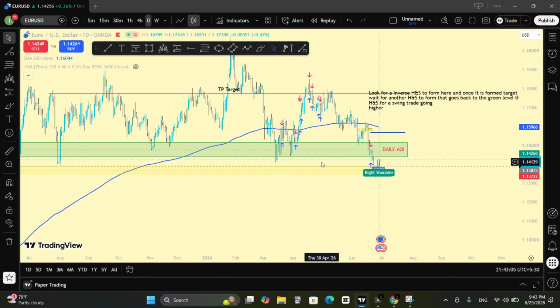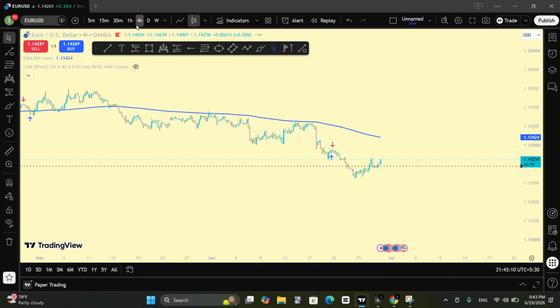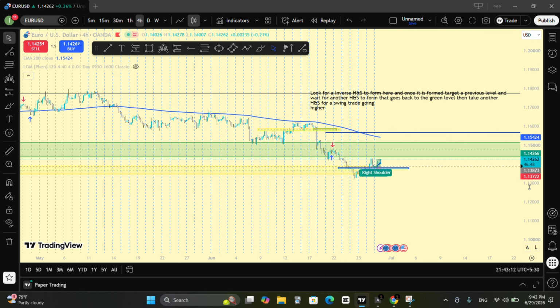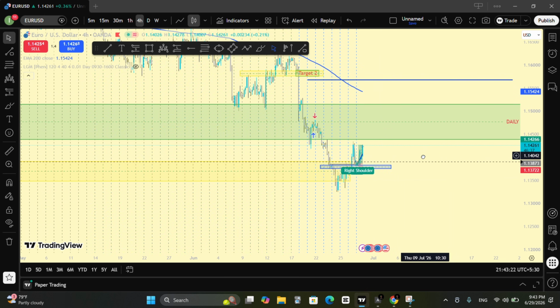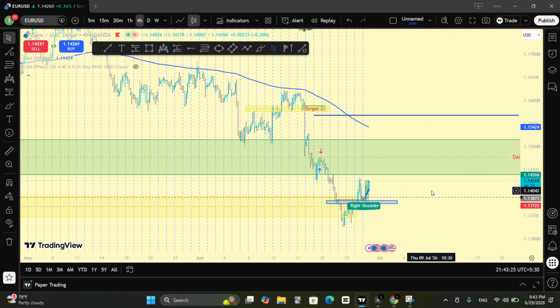So this is a strong area of interest. So what I'm looking for is a potential head and shoulders pattern to form here, then continue to the downside. Also we can see the 200-day moving average coming towards the daily area of interest. So I'm just looking for a head and shoulder pattern to form right here.